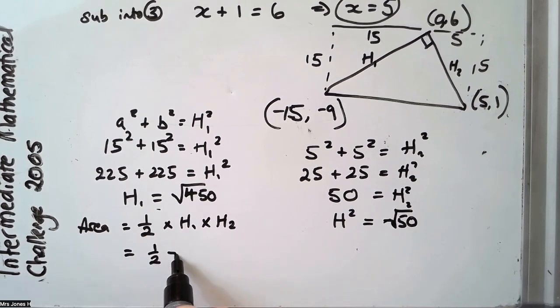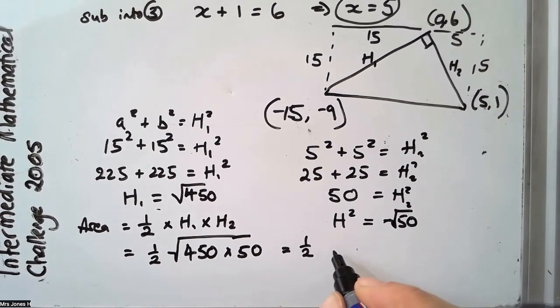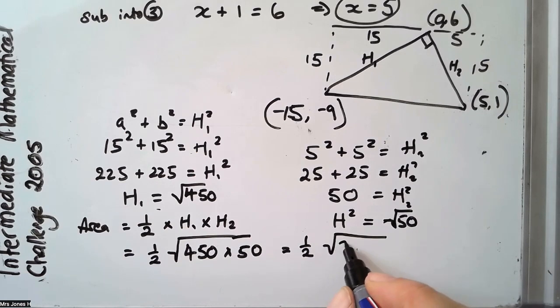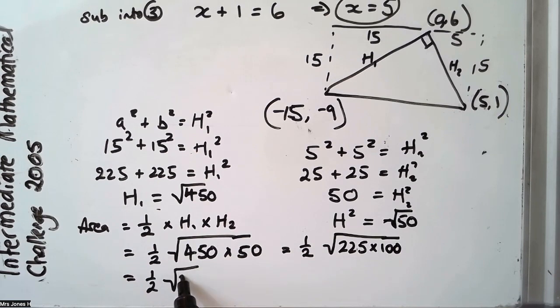So this is half of the square root of 450 multiplied by 50, which is the same as saying a half, multiply the 50 by 2. I then have to divide this by 2. And beautifully, that means that I then have two square numbers that I can then square root.